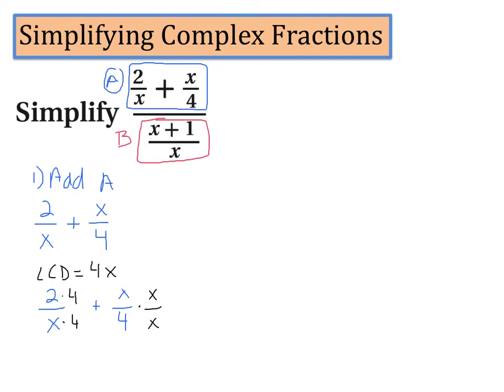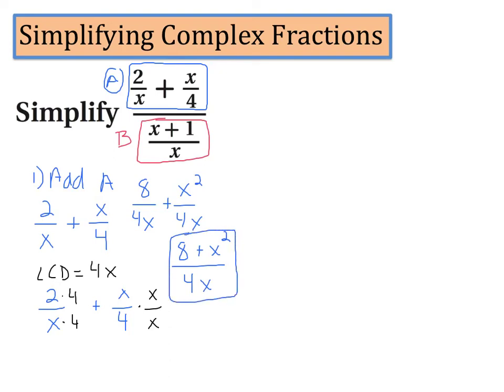So then this becomes 8 over 4x plus x squared over 4x. Now I'm able to add these up, and part A is 8 plus x squared over 4x. So that's part A simplified.